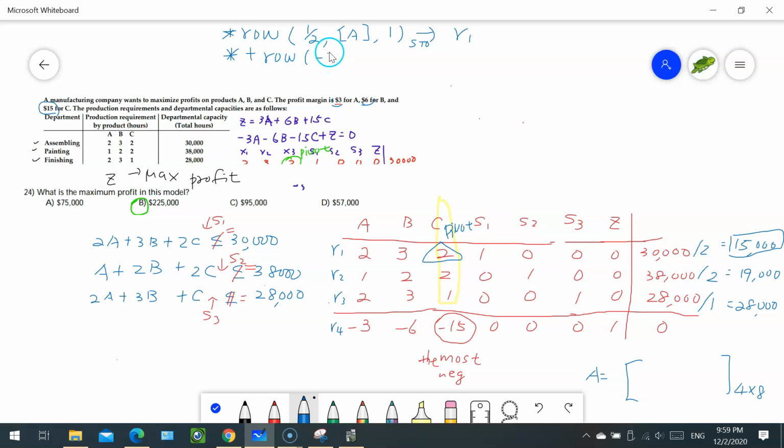We multiply by negative 2 with the matrix A of the row 1. So I multiply matrix A by using the row 1. Then I combine this negative number to the row 2. And then you store back to the row 2.